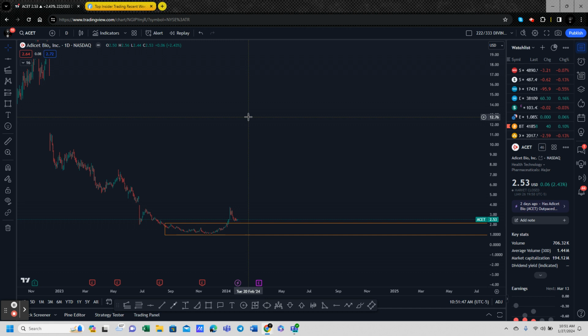So what we're doing is we're using a combination of confluence, price action, fundamentals, and understanding what the insiders are doing. Nobody inside wants to be wrong.